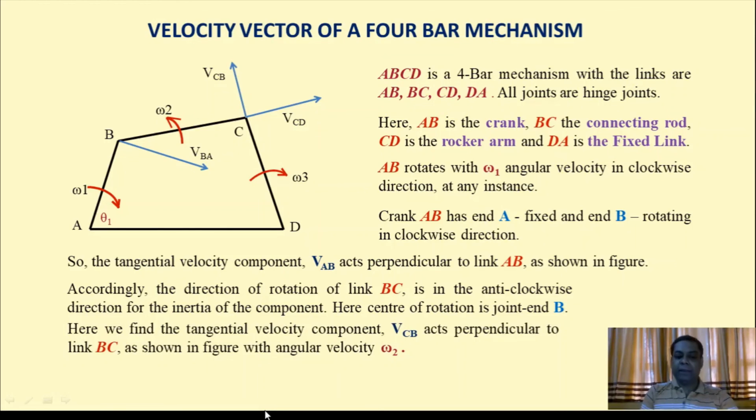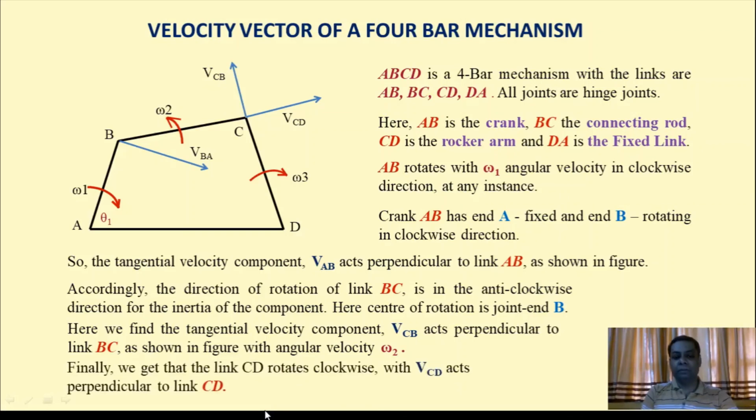Now here we find that the tangential velocity component VCB acts perpendicular to the link BC as shown in the figure, with angular velocity omega 2. Finally, we get that the link CD rotates in the clockwise direction with VCD acting perpendicular to link CD, and obviously the angular velocity omega 3 that we have to consider.